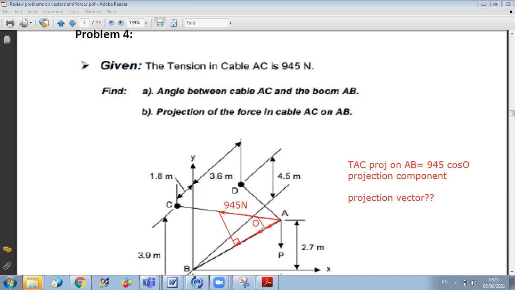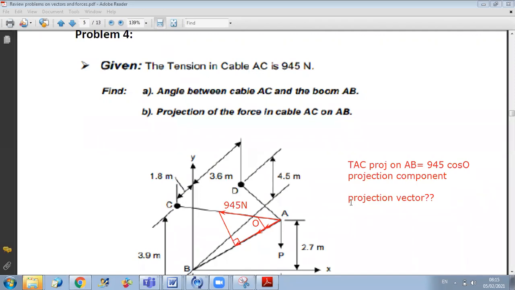For example, if you have a projection on the x-axis, and you say that the projection on the x-axis is 2, the projection vector is 2i, because i is the unit vector of x. Now, if you are projecting on any line, then the projection vector is the projection component times the unit vector of the line.